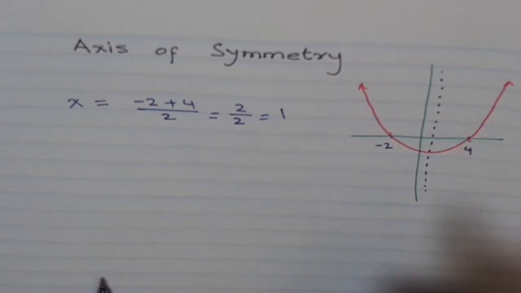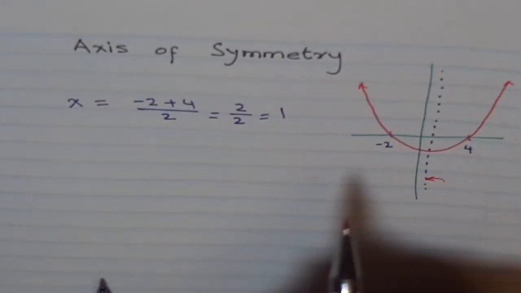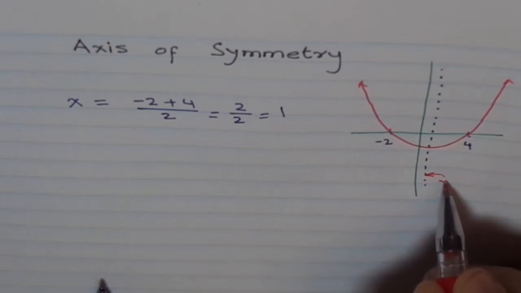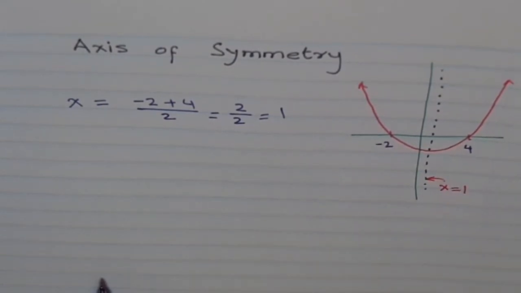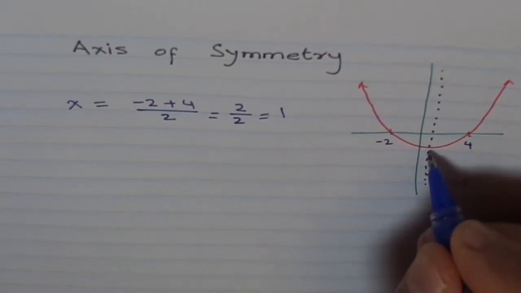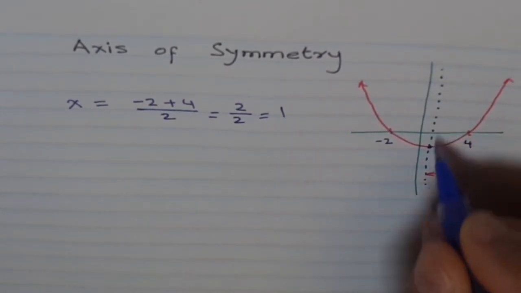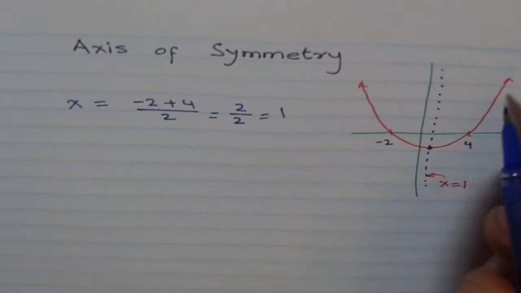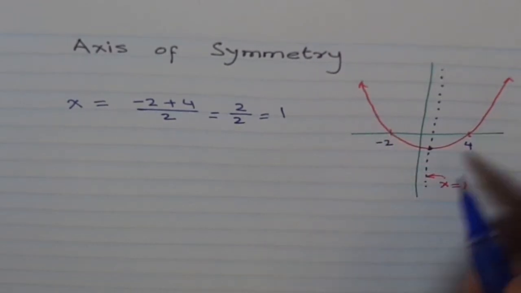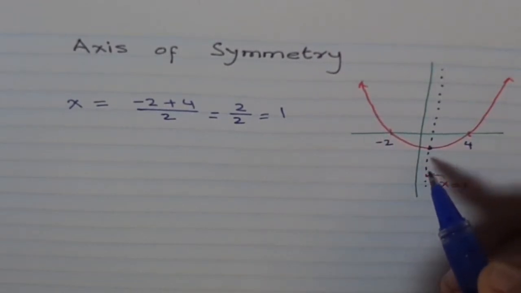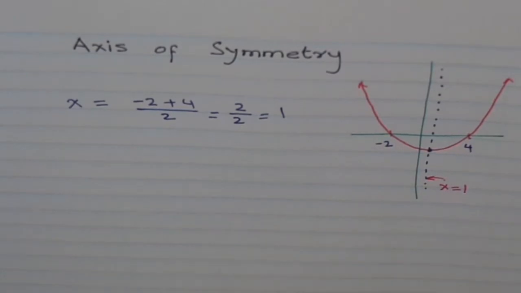So the equation of this line, which is the axis of symmetry, is x equals 1. Do you get it? Now, the important thing is that the vertex lies on this line. Therefore, if we know the equation of the line, we can find the value of the vertex. So that is what is very important about this. Do you understand why we are so much after the axis of symmetry, correct?